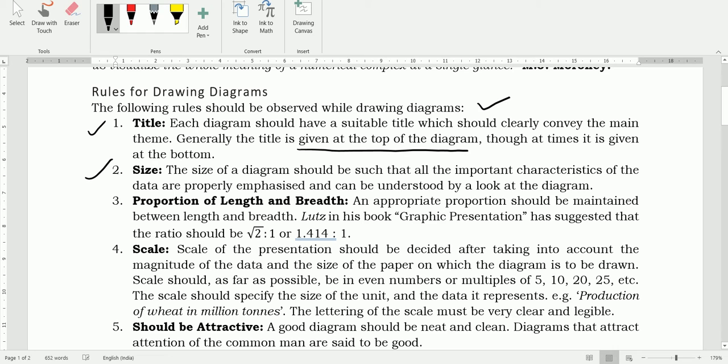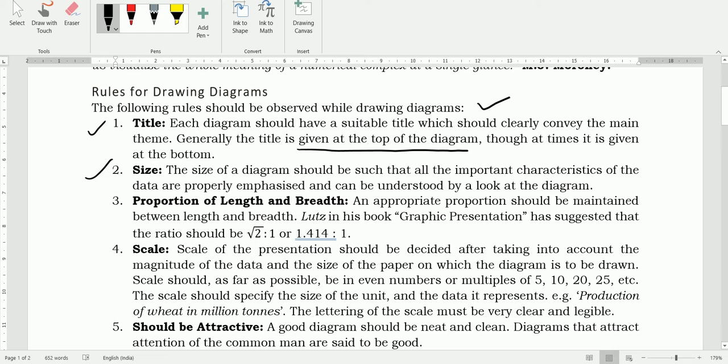Then next we have size. The size of a diagram should be such that all the important characteristics of the data are properly emphasized and can be understood at a look at the diagram. Sometimes with a little data you may prepare a big diagram, or with a lot of data you may prepare a small diagram. That should not be done.